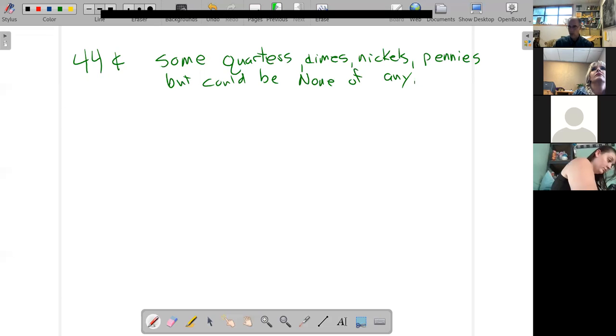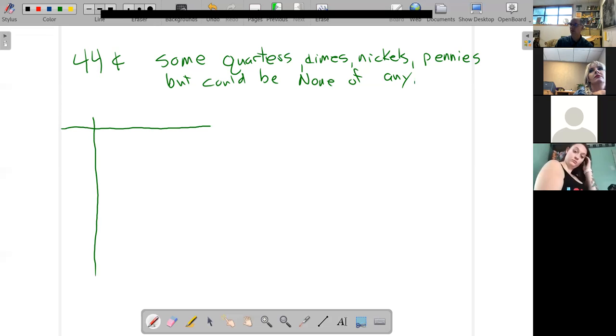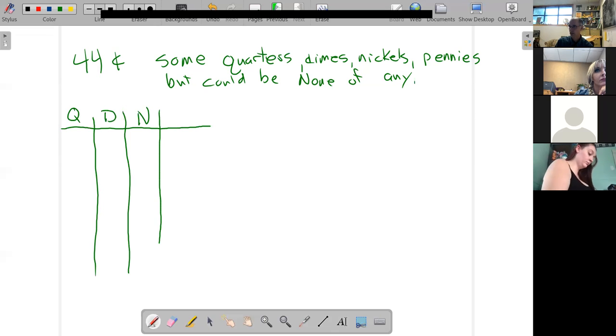So let's try and figure out what are the possibilities if those were the circumstances. Like before, I'm going to make myself a table to keep track of stuff, and then off to the side, I'm going to do some arithmetic to keep track of it. We're going to have to keep track of quarters, dimes, nickels, and pennies.